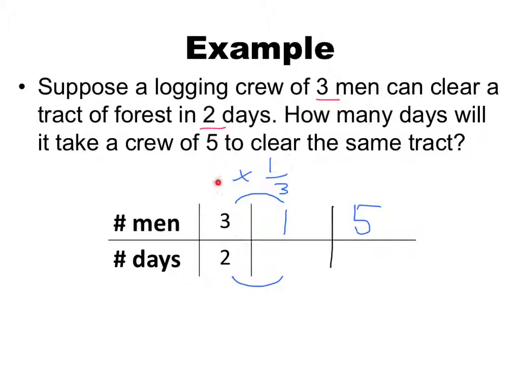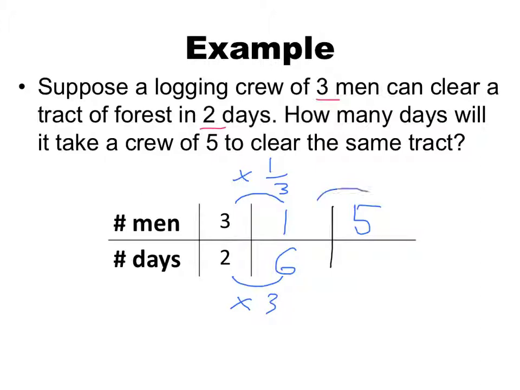So whatever I do to one, I have to do the opposite to the other. So if I multiplied this by 1/3, that means I need to multiply by 3 down here. So I do that, that's going to be 6. And so this column tells me it's going to take 1 man 6 days to clear that tract of land. Okay.